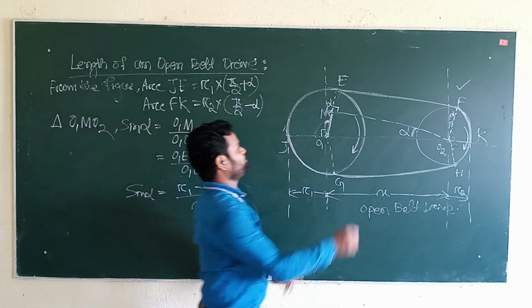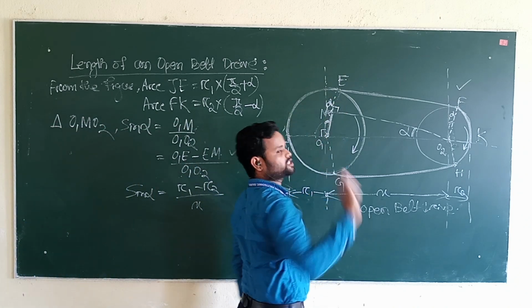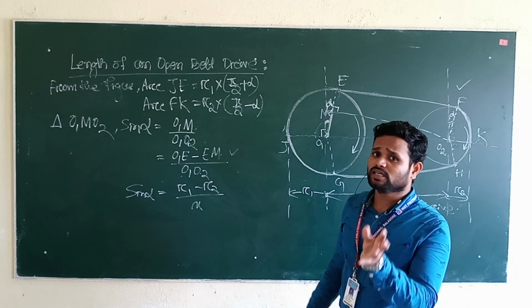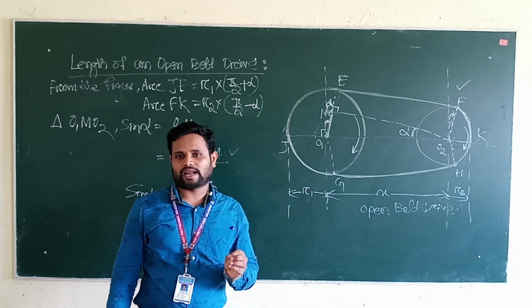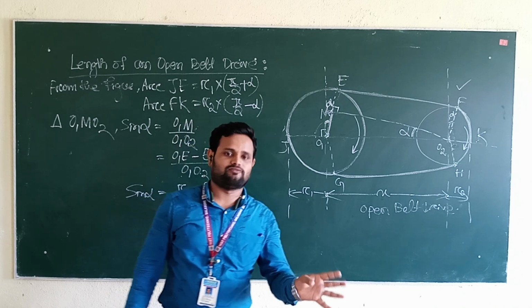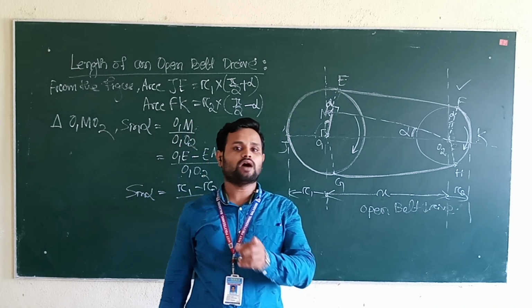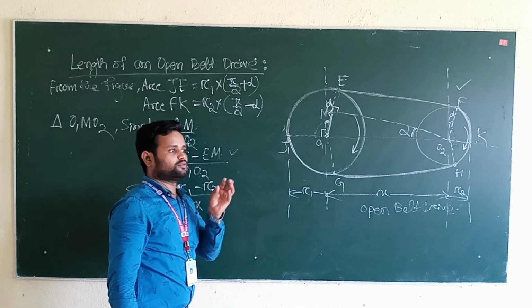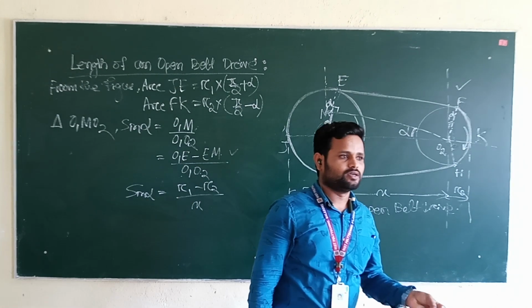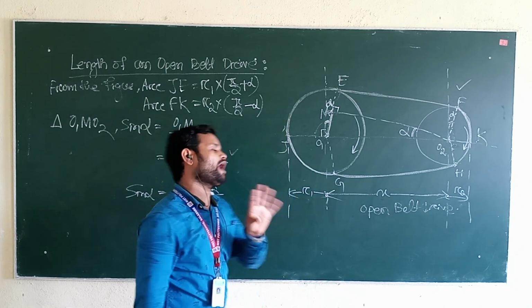But here you will see the value of alpha is very small. We know that if the value of alpha is very small, we can write sin alpha equal to alpha. Sin 0 equal to how much? 0. So if alpha is 0, then sin alpha equal to alpha.